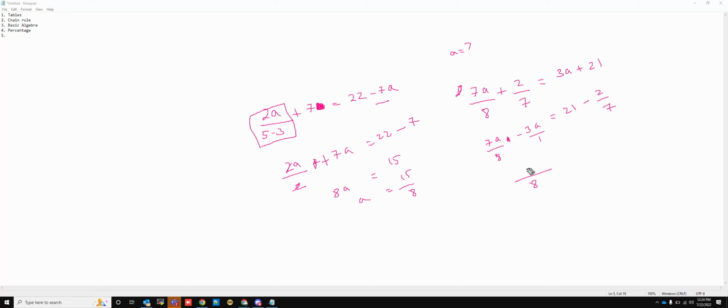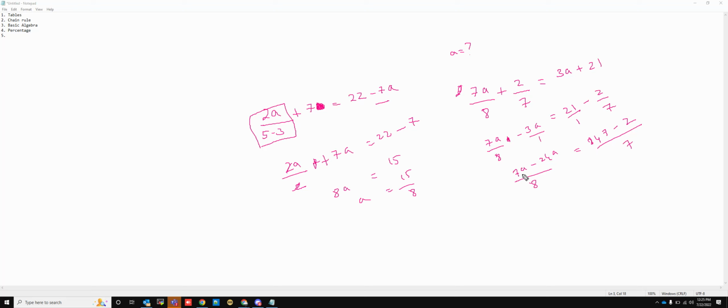This is 1 into 7a, 7a, minus 3 into 8, 24, minus 24a, which is equal to, same here. This also can be put divided by 1, right? So common denominator 7 into 1 is 7, cross multiplication 7 into 21 is 147, minus 1 into 2 is 2. Like this, do it step by step.